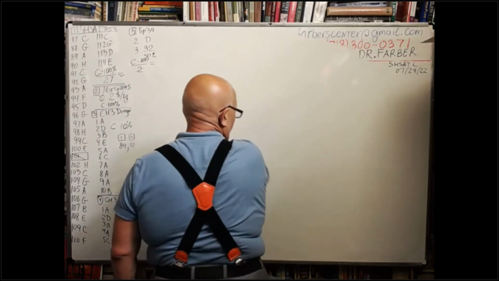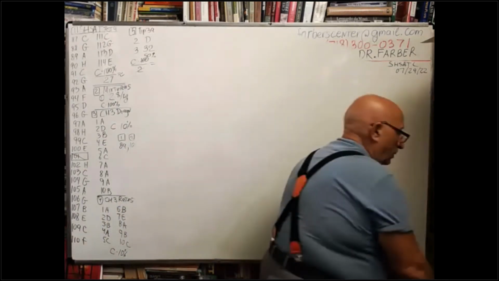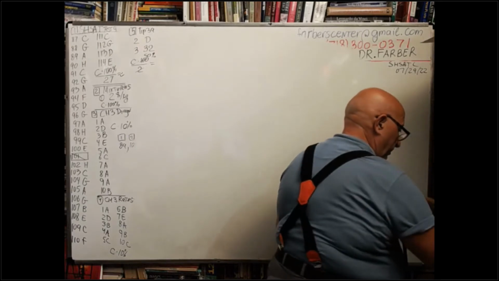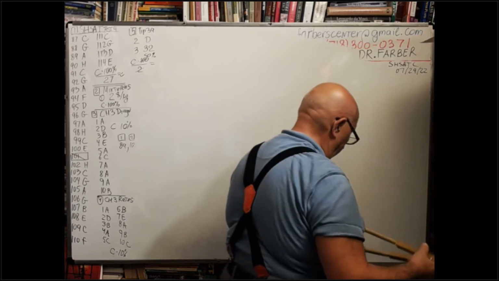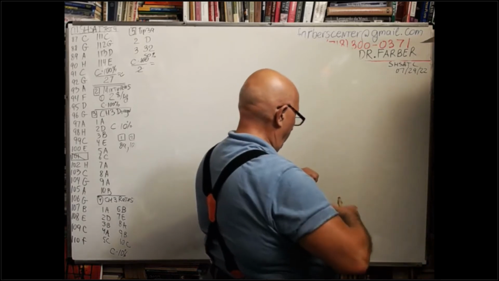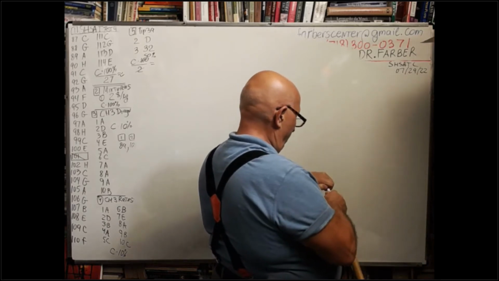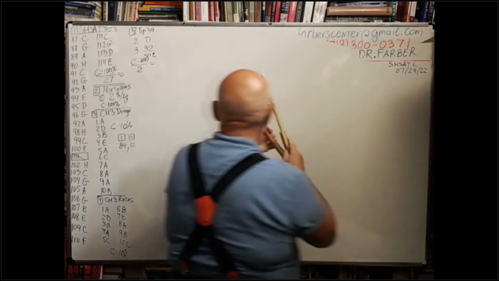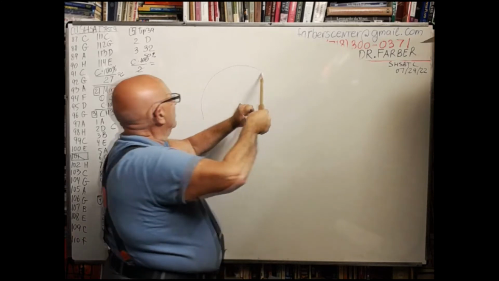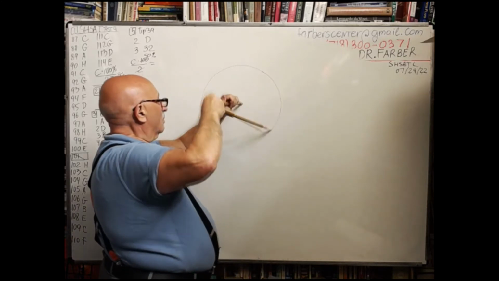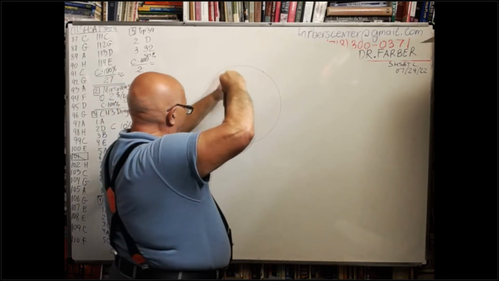In 108, we have a square circle. Not good.